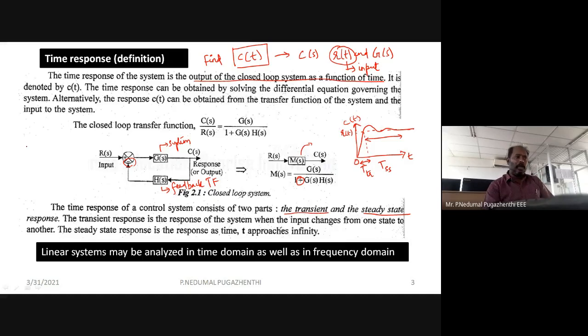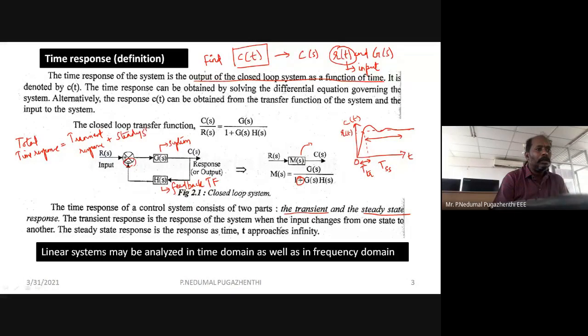So the total time response will be equal to the transient response plus steady state response.